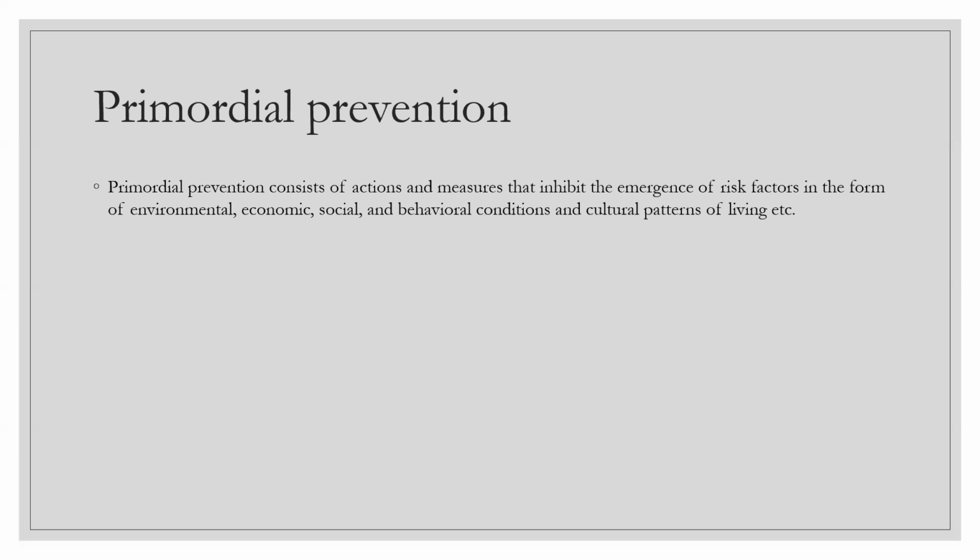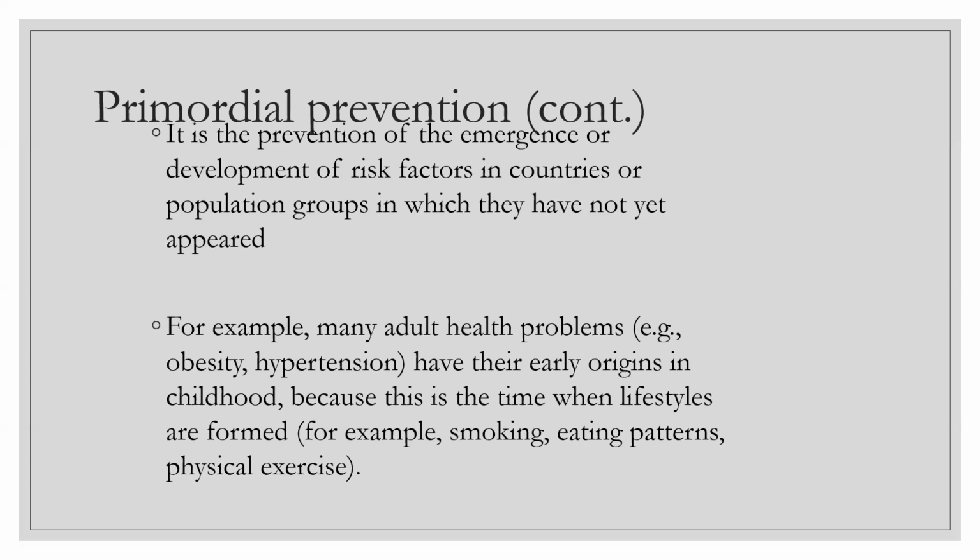Because primordial prevention consists of actions, activities, and measures to inhibit the emergence of risk factors, whether those risk factors are environmental, economic, social, or behavioral conditions or cultural patterns. We want to make sure that risk factors do not occur, because it's the risk factors that lead to exposure, that lead to disease. Important.